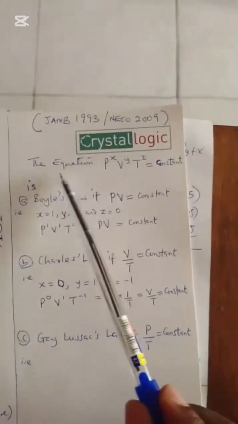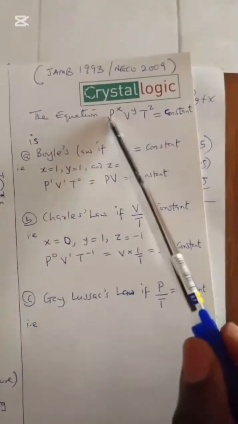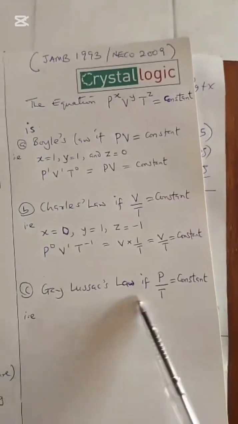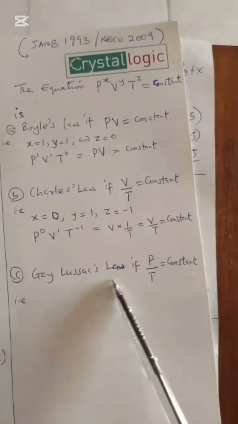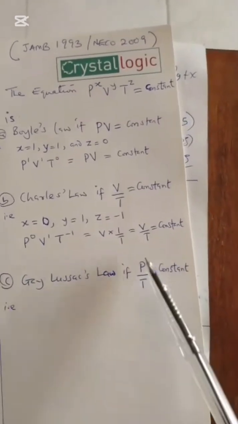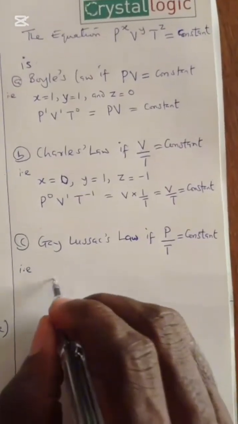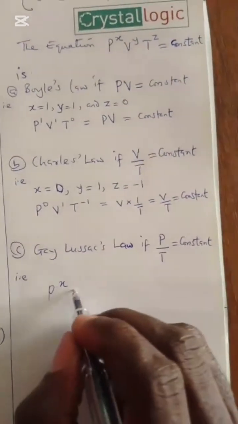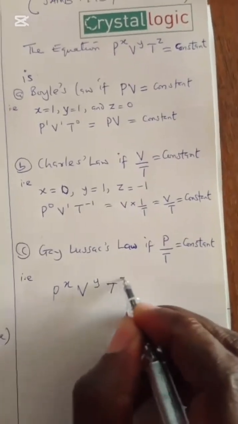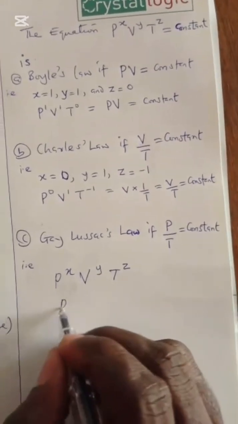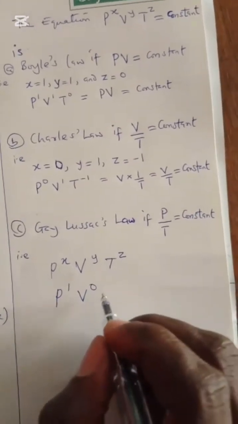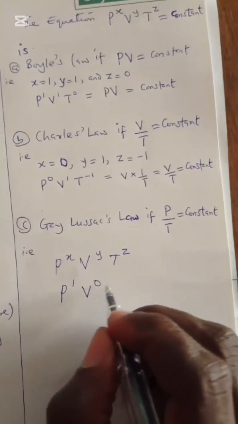So how can we reduce the equation P power X, V power Y, T power Z equals constant to Gay-Lussac's law? I'll leave that for you to do right now. Remember, Gay-Lussac says pressure over absolute temperature is constant. So basically, they want a value for X. P should be raised to power 1, V has to disappear, raised to the power 0, which makes it 1.